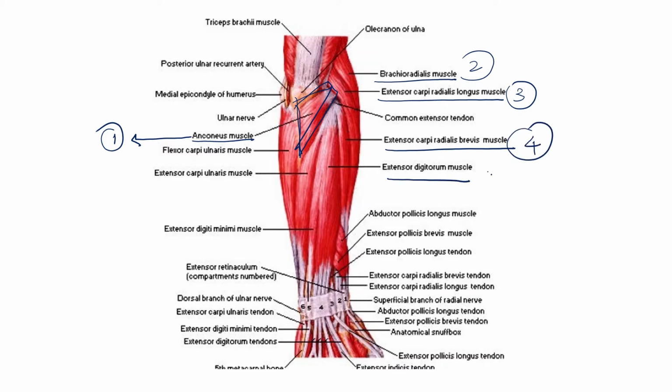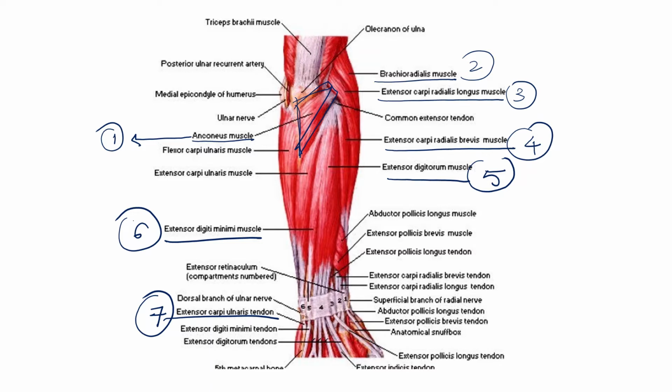Then lies the extensor digitorum, adjacent to which lies the extensor digiti minimi, and the medial most muscle is the extensor carpi ulnaris muscle. So these are the 7 superficial muscles of the posterior or the extensor compartment.